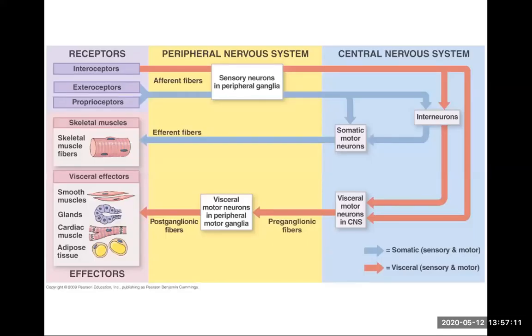All right, here's a great visual for you to study. Let me walk you through it. Remember, we started looking at the different types of receptors. Interoceptors, they tell you what's going on in the body. So let's say you have pain in your gut. That's going to be carried via an interoceptor, from the pain receptor in your gut.